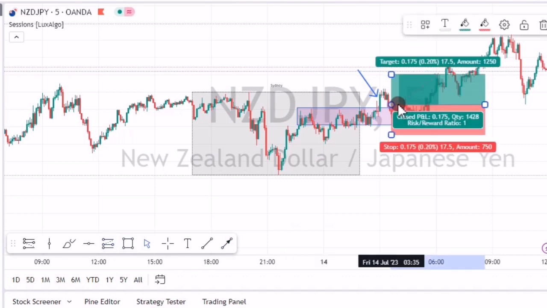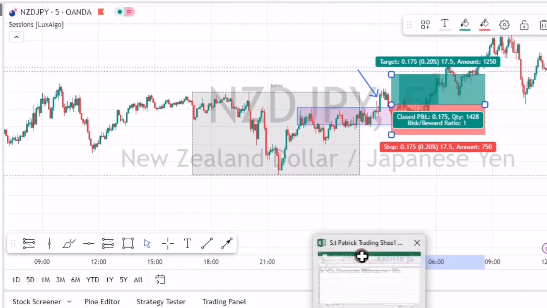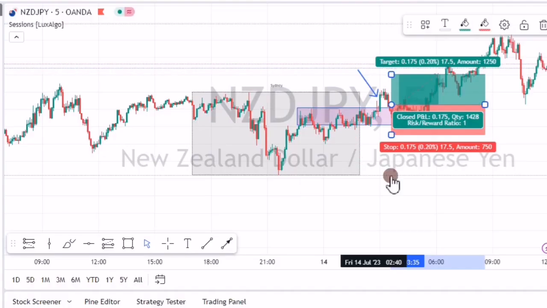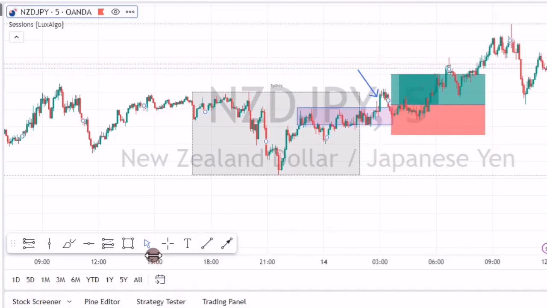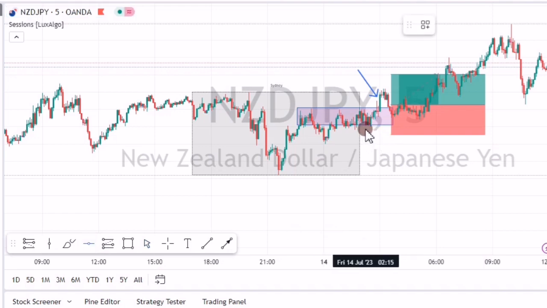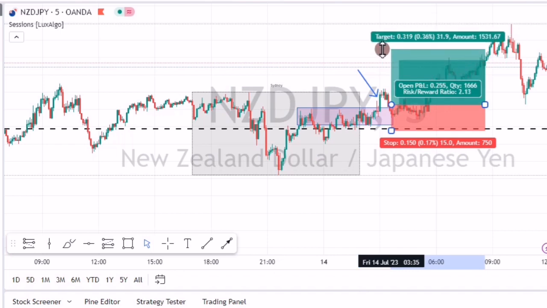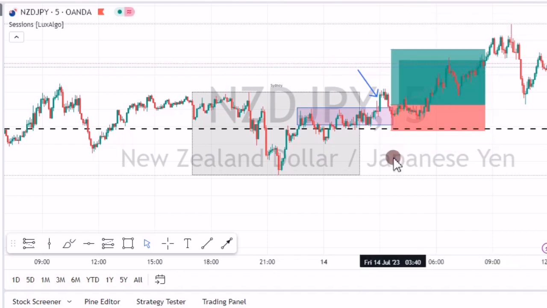I place my buy trade, and if I'm not sure about the stop loss, I go back to my script again. Stop loss level just below the key level for a buy, and above the key level for a sell. For me, it's a buy, so I'm going to put it just below the key level. The key level is this one that I've drawn, so I can put my stop loss there. Then I focus on the target based on what I've written on the script.